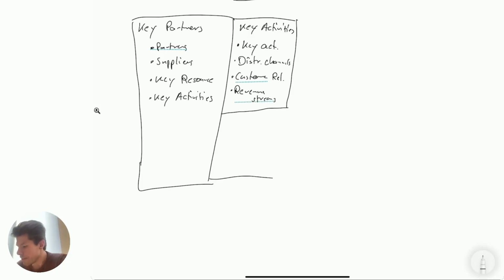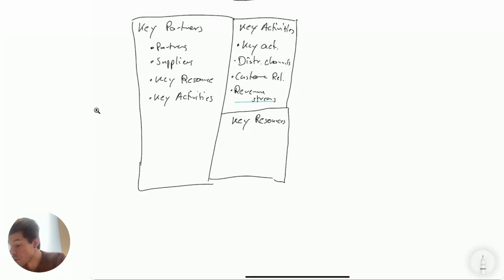Key resources. Here again, our key resources, not our partners' key resources. What key resources do our value propositions require? Distribution channel, customer relation, revenue stream. Do we need physical assets? Do we need specific brands? Do we need certain people, IP?